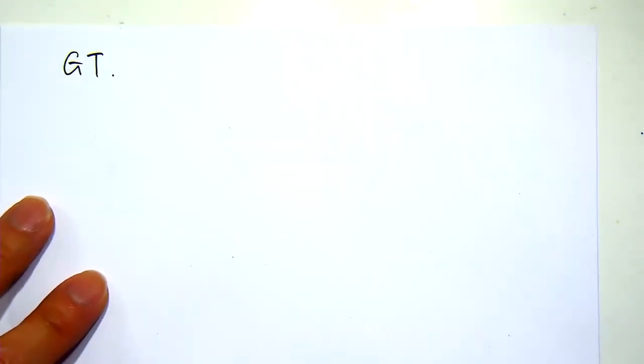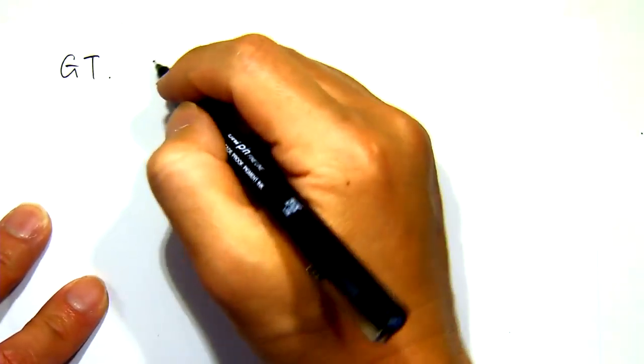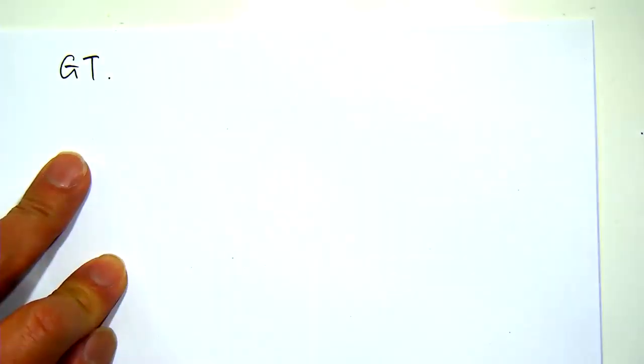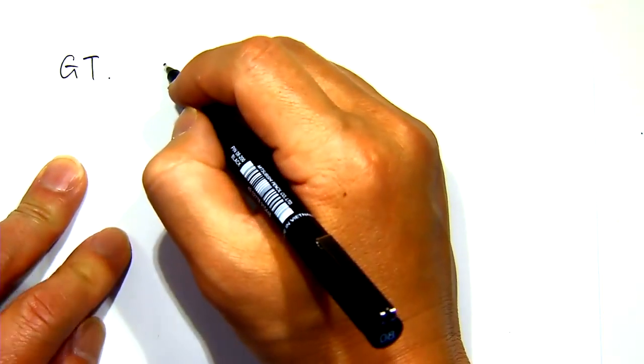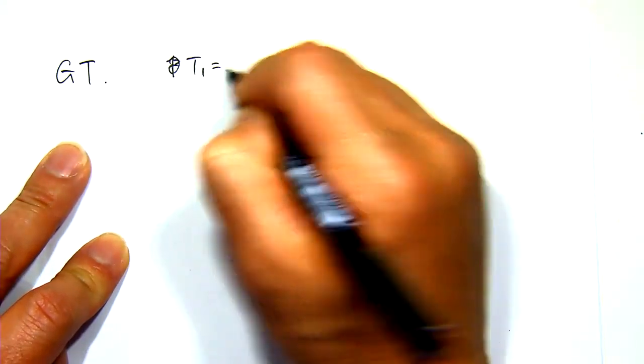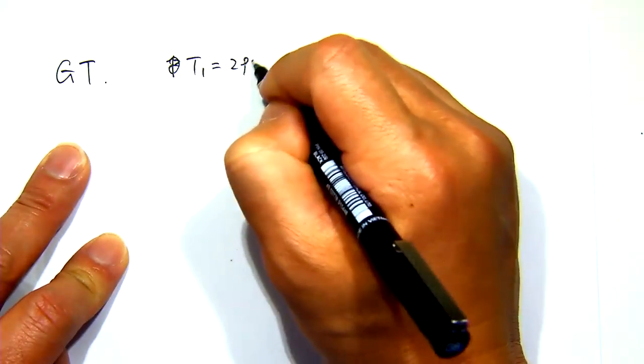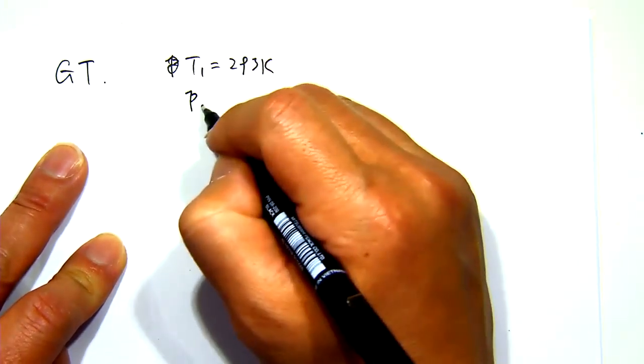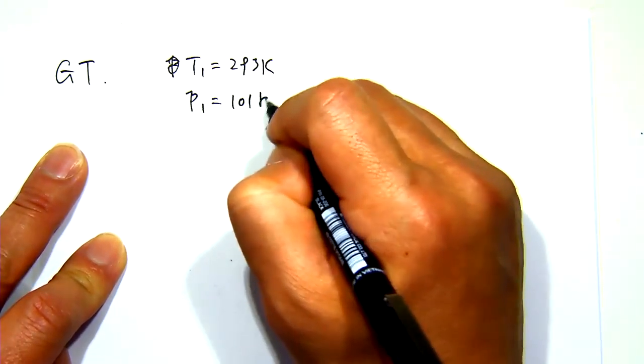For the GT, we know the inlet temperature. We go directly after the work term, because the question is asking for the work term. If anything is required later on in the following calculation, let's do that later. So the first one would be determining the compressor work, right? We have T1 equal to 293 K, and P1 equal to 1.1 kPa.